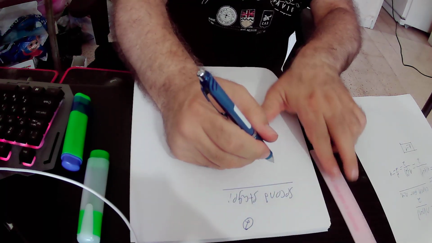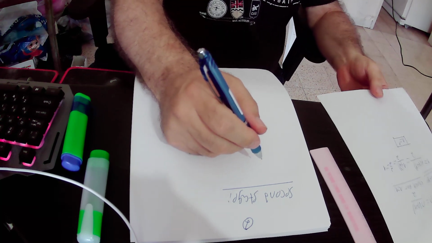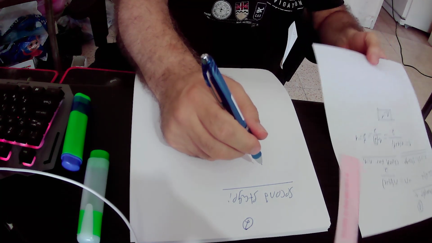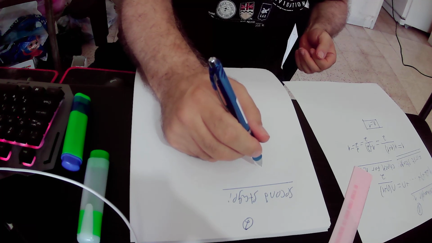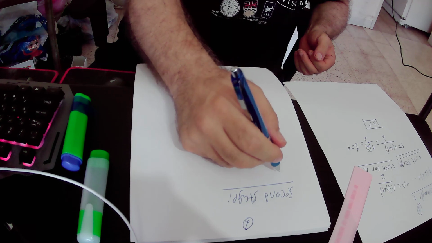That is to say, we will assume that the statement is true for n, and we will prove it for n plus 1. So we will create two equations.